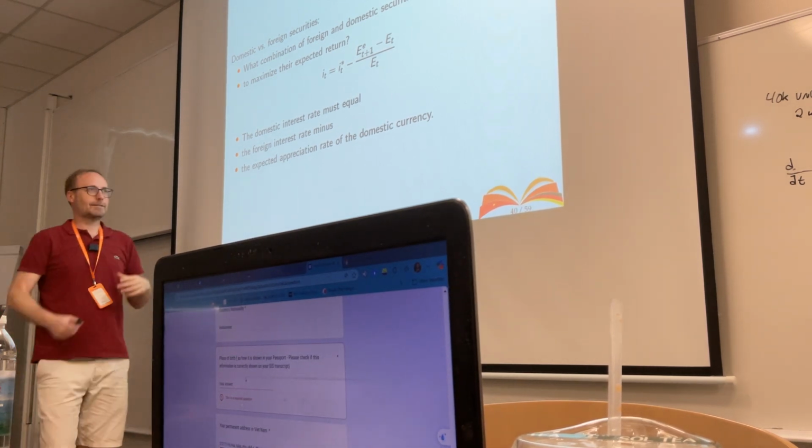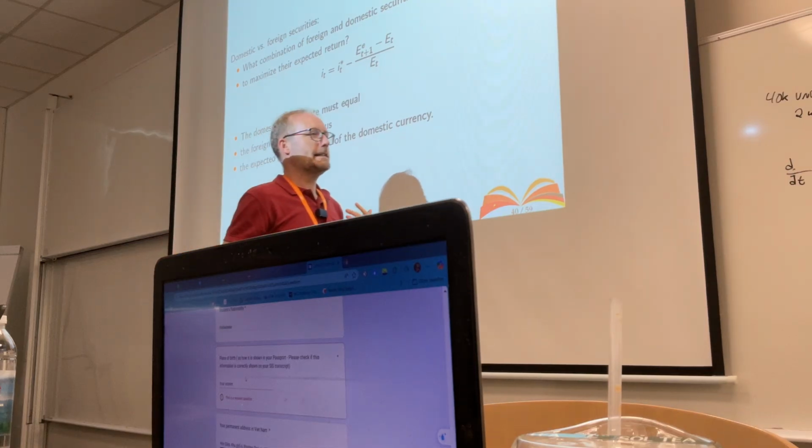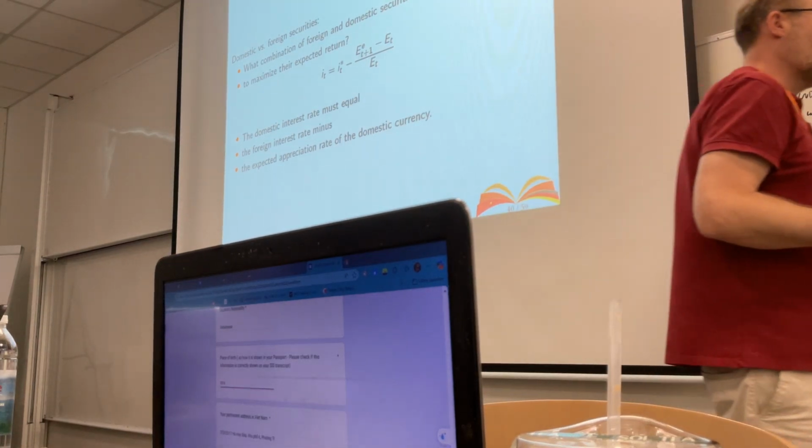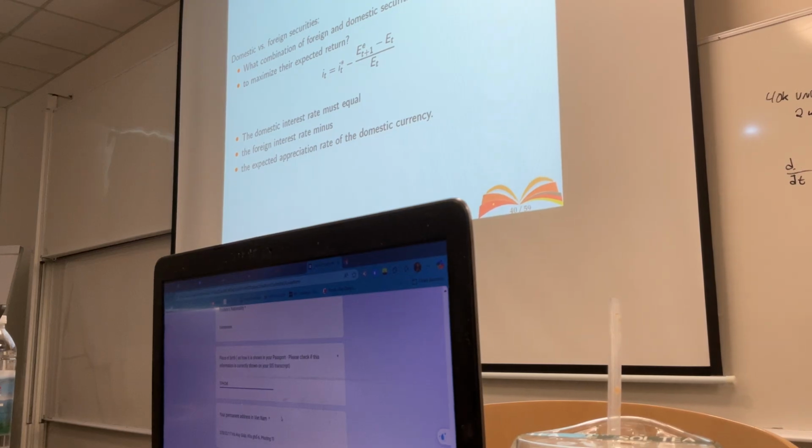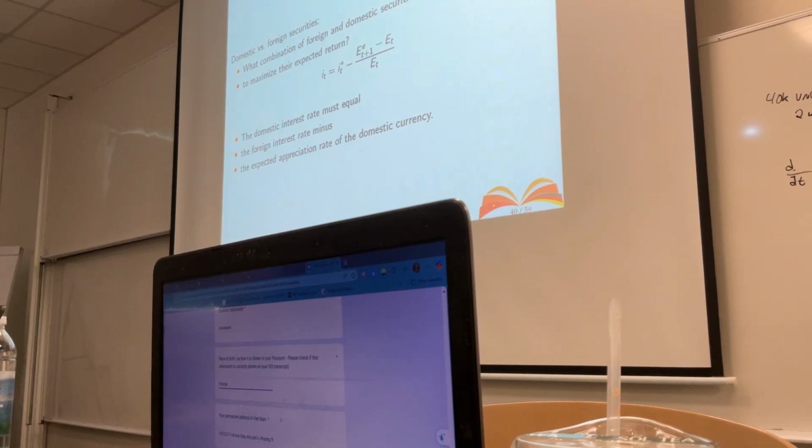That's the idea of this class and these models in general, as I said, to have a set of different tools that you can then apply to understand what contemporaries, what people around you, politicians, and newspapers alike are saying, right?